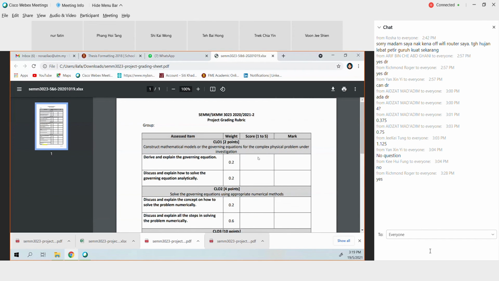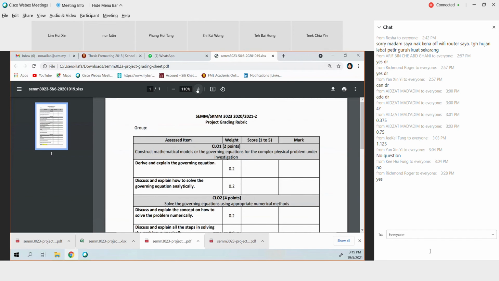Okay, now this is the project grading rubric, with additional information from our coordinator. I already assigned you project 1. It's about regression, which means curve fitting, regression, and numerical differentiation.